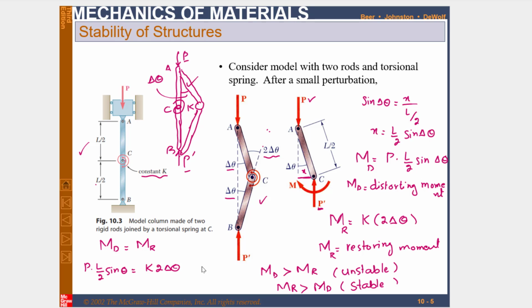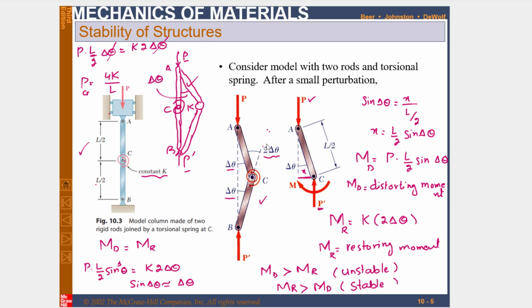So if delta theta is very small, sine of delta theta will be approximately equal to delta theta. So you can put delta theta over here. It will be P into L by 2 into delta theta equal to K into 2 delta theta. Delta theta will cancel, and we will have P equal to 4K over L. And this load is known as the critical load.